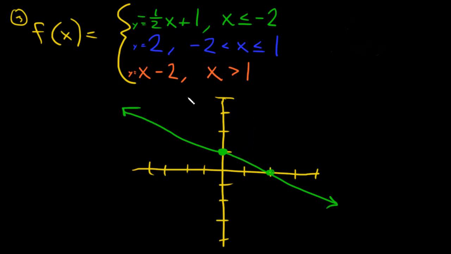Now that I have the actual line graph, I can restrict the domain. Where does this thing live? Well, it lives at all values that are less than or equal to negative 2. So to the left of x equals negative 2, it's right here. So I'm going to put the dot there, and it's all of these values that the function lives under. All the other values I can erase.